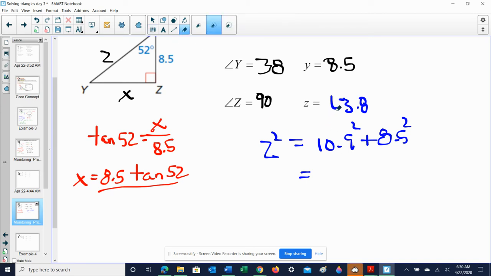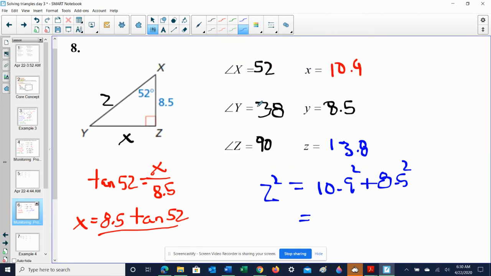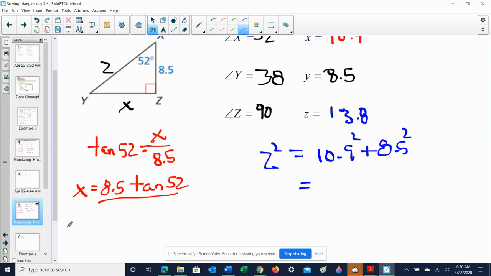It looks like a weird number, but whatever. All right, 13.8. So I've now solved the triangle. I have the three angles and the three sides, everything to the nearest tenth.